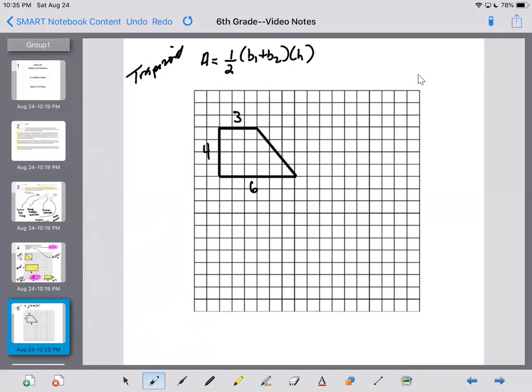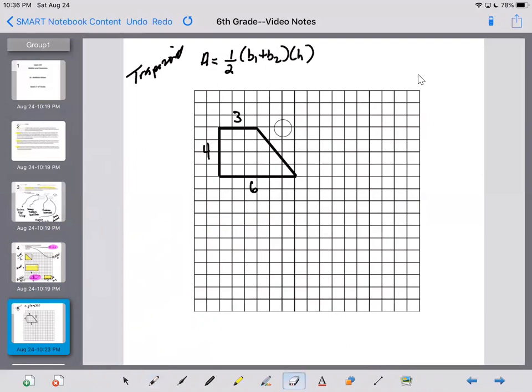Now this is a slant height. We don't know that, and students have a couple of years to find that slant height, which comes when they are studying 8th grade and the Pythagorean theorem comes into play. But at this point, they're not learning how to figure out a slant height. So this is your area of a trapezoid. So we're just trying to prove this formula.